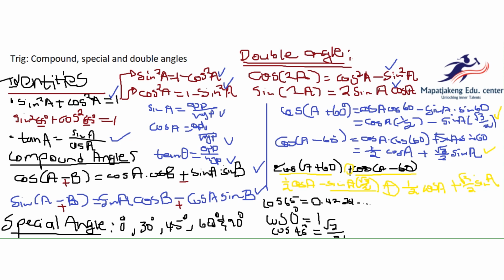Then this and this are like terms and it's minus plus, so they cancel out. We are only left with half cos A, half cos A. Then half plus half, like terms, comes to 1 cos A. So it just becomes cos A. So this is the answer to solving that.